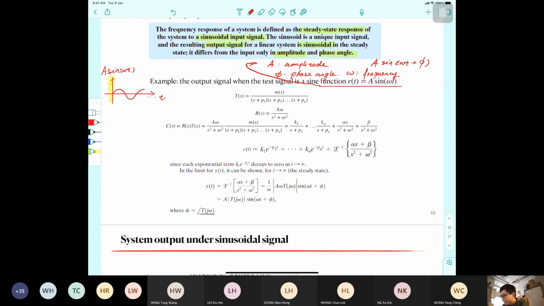Let's see an example. For example, a sine function, c(t) equals 5 sine 7t plus 2. What is the amplitude?